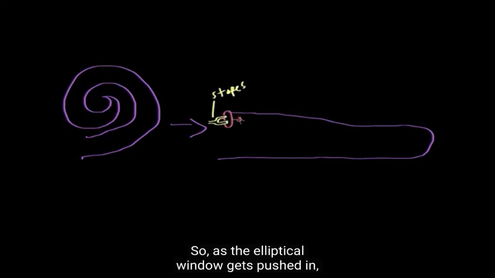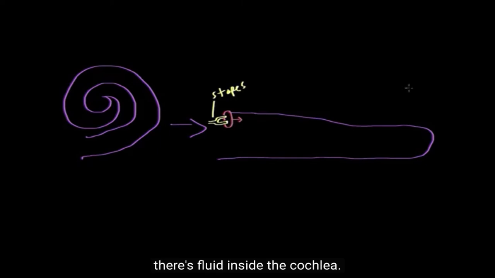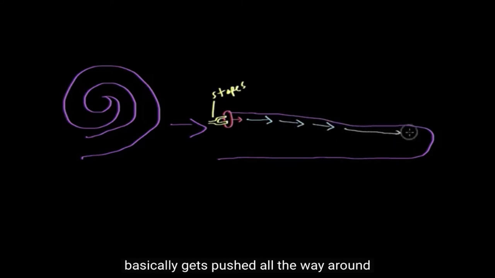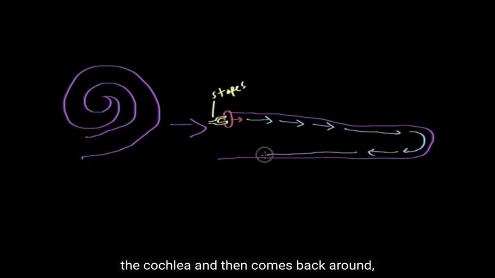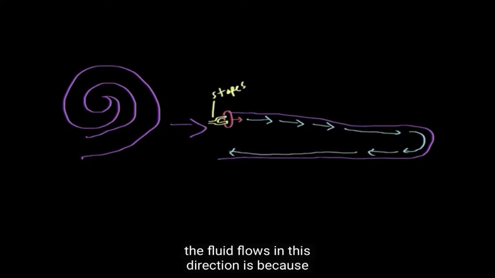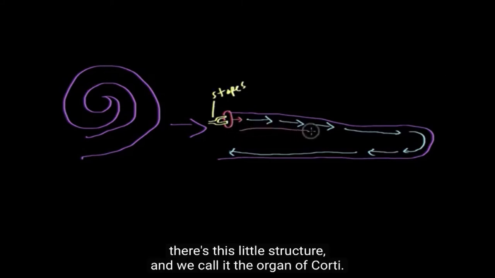So as the elliptical window gets pushed in, there's fluid inside the cochlea, and that fluid basically gets pushed all the way around the cochlea and then comes back around. And as I mentioned before, the reason that the fluid flows in this direction is because there's actually a structure right in the middle. We call it the organ of Corti.